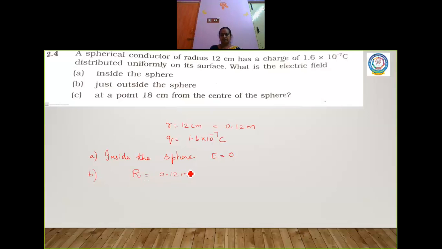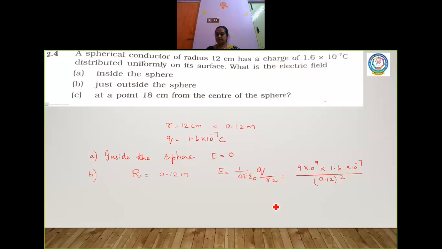0.12 meter, right? So what is the formula for electric field? Electric field is 1 by 4 pi epsilon naught Q by R square. So 1 by 4 pi epsilon naught is 9 into 10 power 9, into 1.6 into 10 power minus 7, divided by 12 centimeter, when I convert, it is 0.12 square.